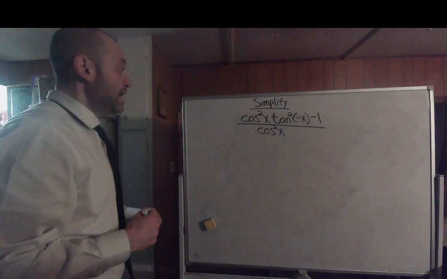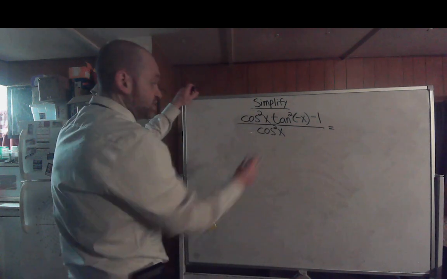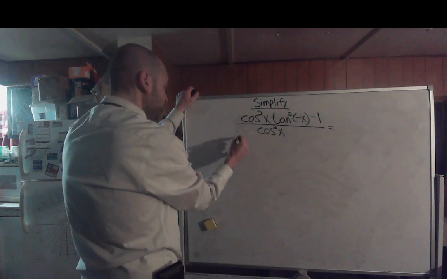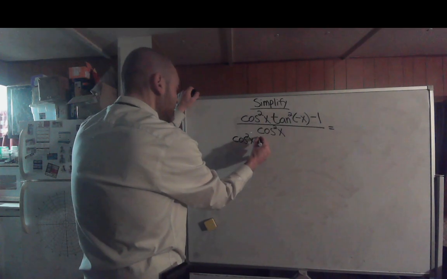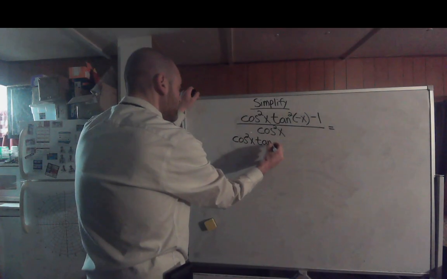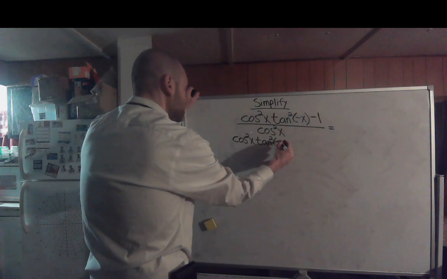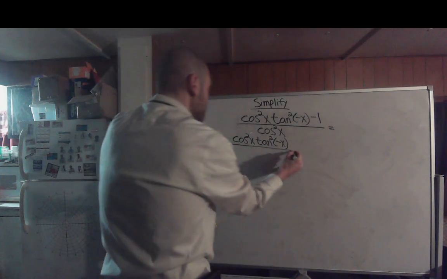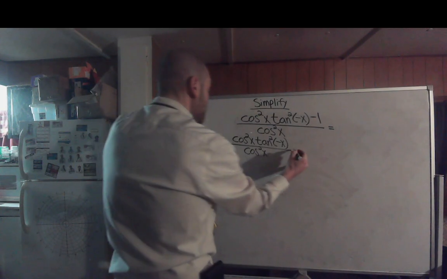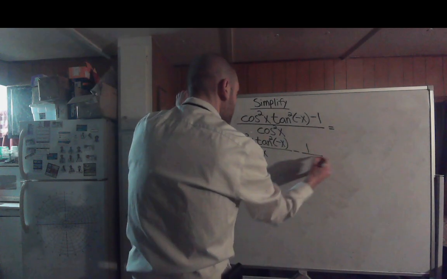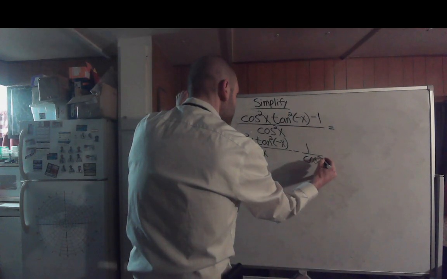Well, it might help to separate this into two terms, since we have two terms in the numerator. This will end up being the cosine squared of x tangent squared of negative x all over the cosine squared of x, minus 1 over the cosine squared of x.